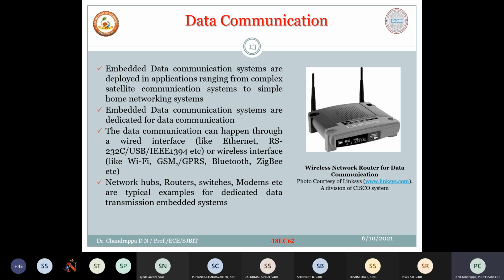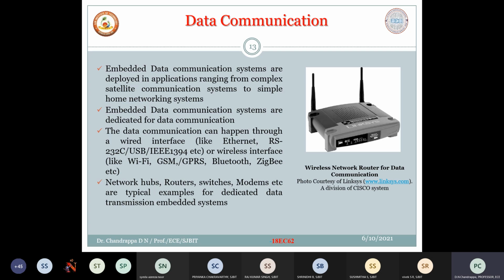In data communication, some examples we can list are Ethernet and RS-232, which is one of the very familiar serial communications. USB port, I hope all of you are familiar with that.